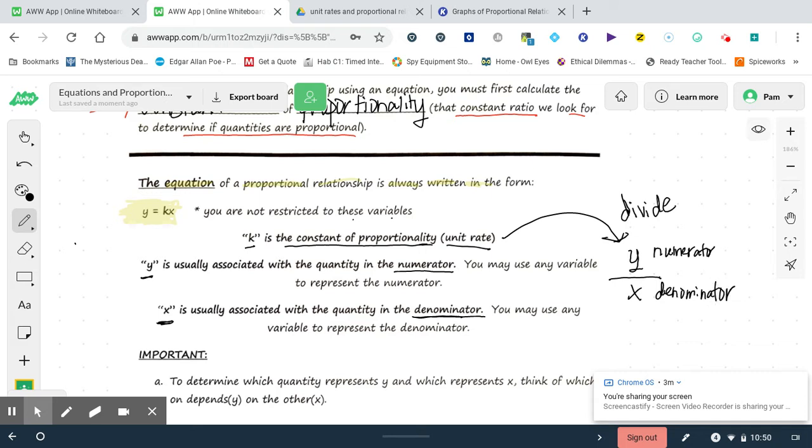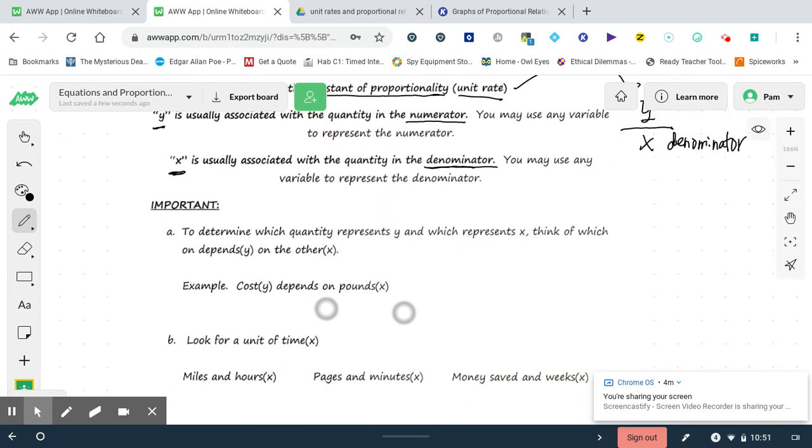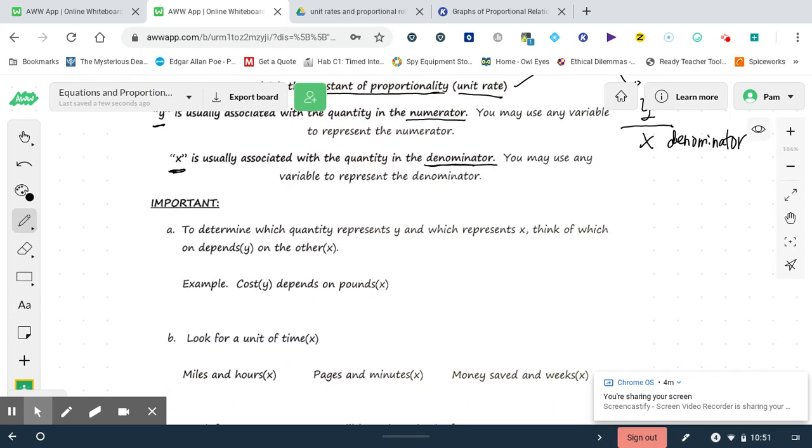All right. So here are some important things to remember, because on the last lesson, I told you which one went in the numerator and which one went in your denominator. Today you're going to have to figure it out, but I'm going to give you some information first. So this is very important.